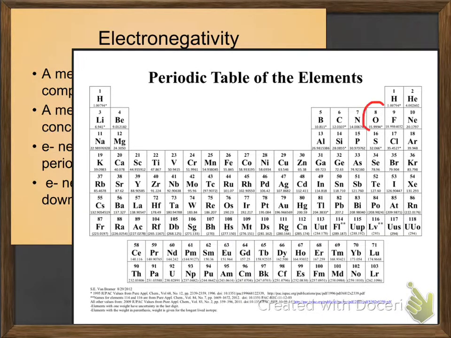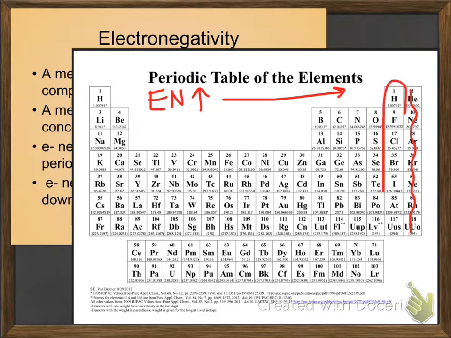I said that oxygen's pretty electronegative, but let's think through those trends. We said that electronegativity tends to increase as we go this way. Well, we don't even have electronegativity ratings for the noble gases because they don't form compounds, and electronegativity is only really measured in compounds. Which group do you think would be the most electronegative?